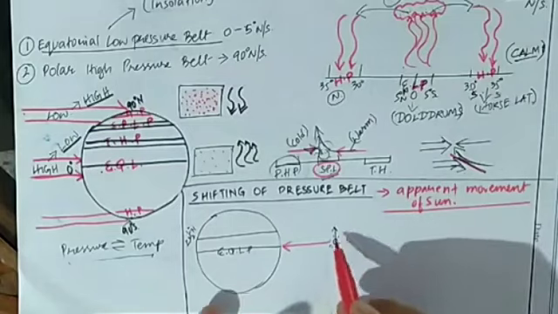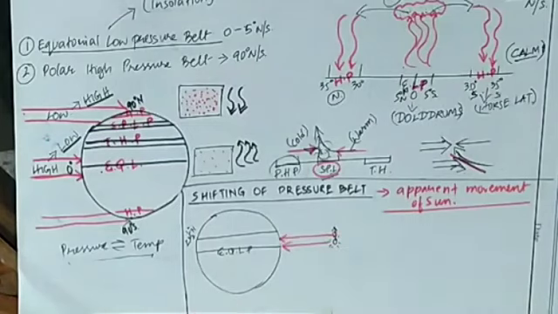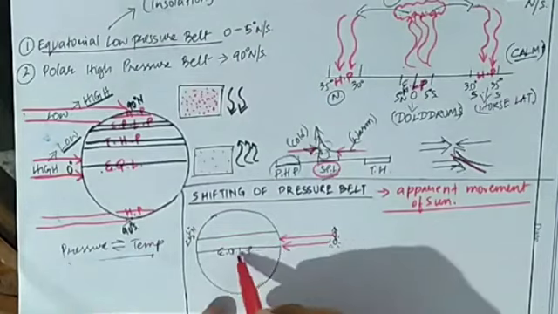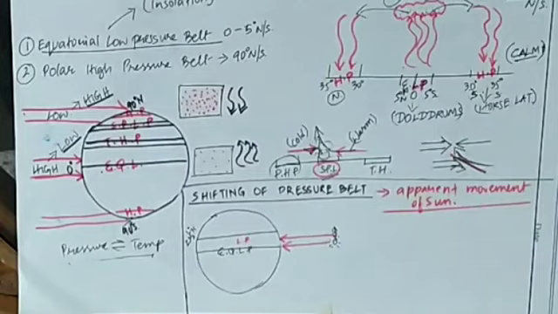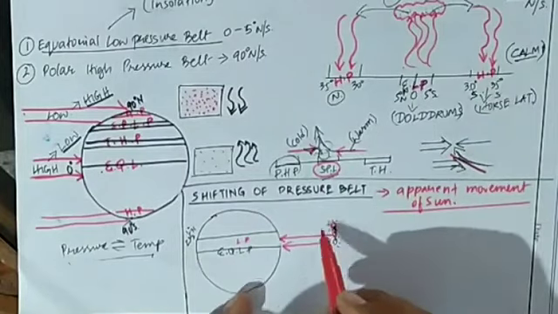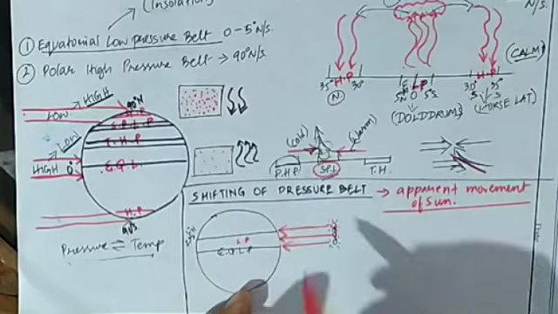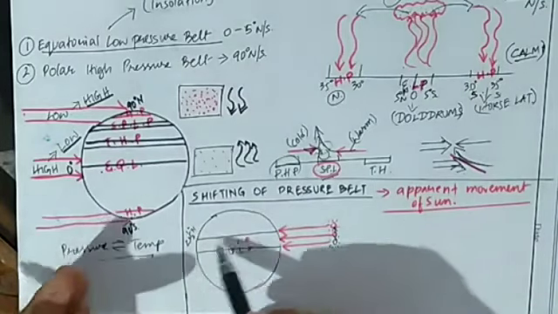It will not directly jump, isn't it? It will pass by the latitudes and finally reach the Tropic of Cancer. So the low pressure which was forming in the equator will now form just above the equator, where the direct rays of the sun are falling. Again the sun will move towards the north and reach the Tropic of Cancer.